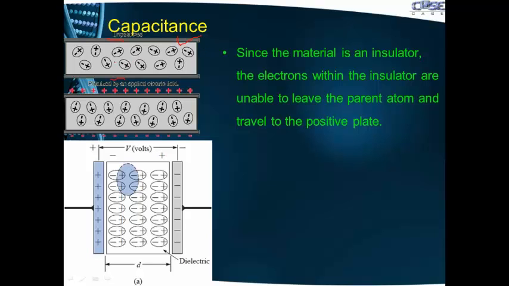Now since the material is an insulator, the electrons within the insulator are unable to leave the parent atom and travel to the positive plate.